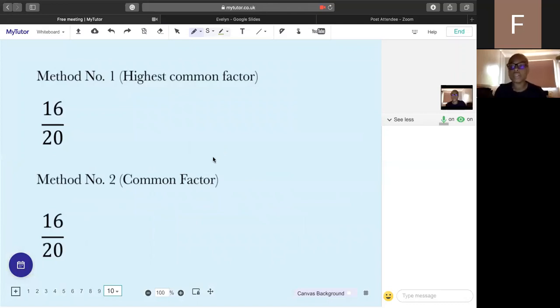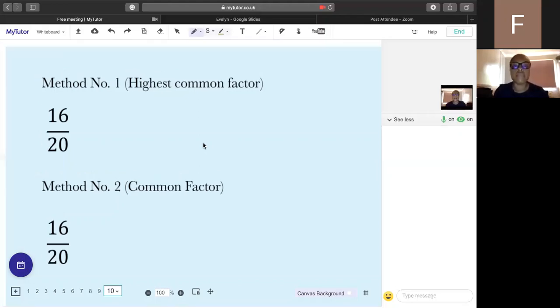So there's 2 different ways of doing this. We could either find the highest common factor and do it all in one step and then we'd be done, or you can do it using different common factors as you go along. So let me show you exactly how we do this. So with the highest common factor, between 16 and 20 is 4.